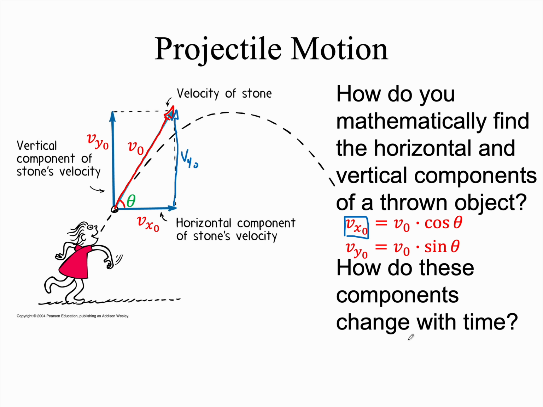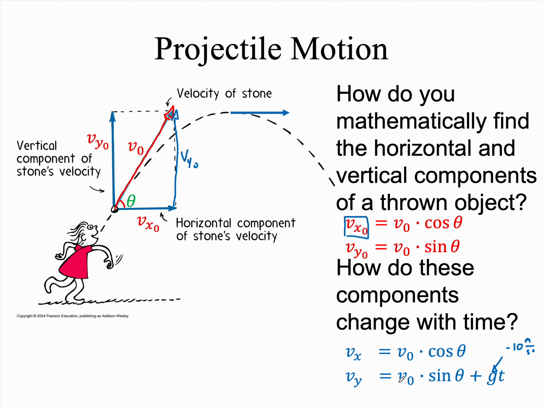But now here's the question: how do these components change with time? Well, we already talked about this one doesn't change, but this one is going to change by g times t. And actually, I'm going to make this positive. We assume that gravity is usually negative 10 meters per second squared.